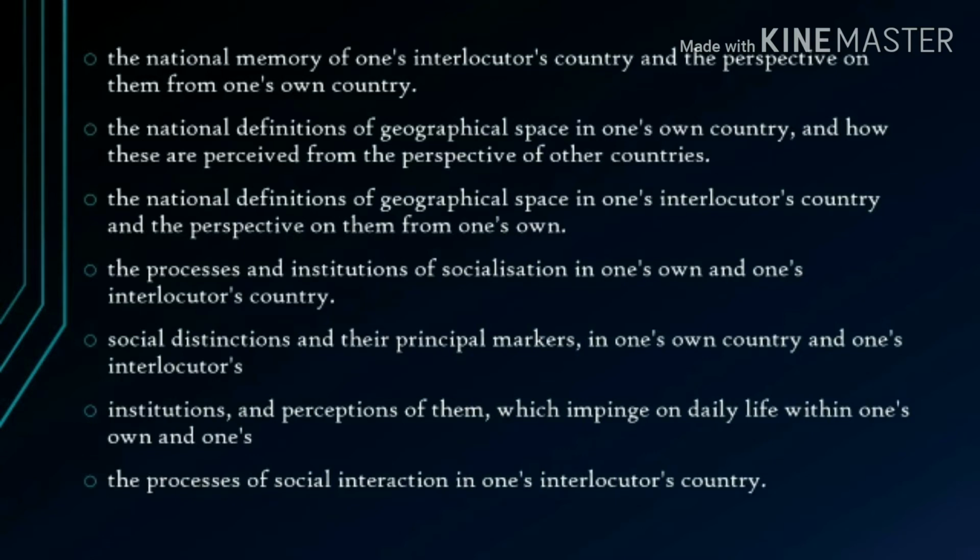E. The national memory of one's interlocutor's country and the perspective on them from one's own country. F. The national definition of geographical space in one's own country and how they are perceived from the perspective of other countries.